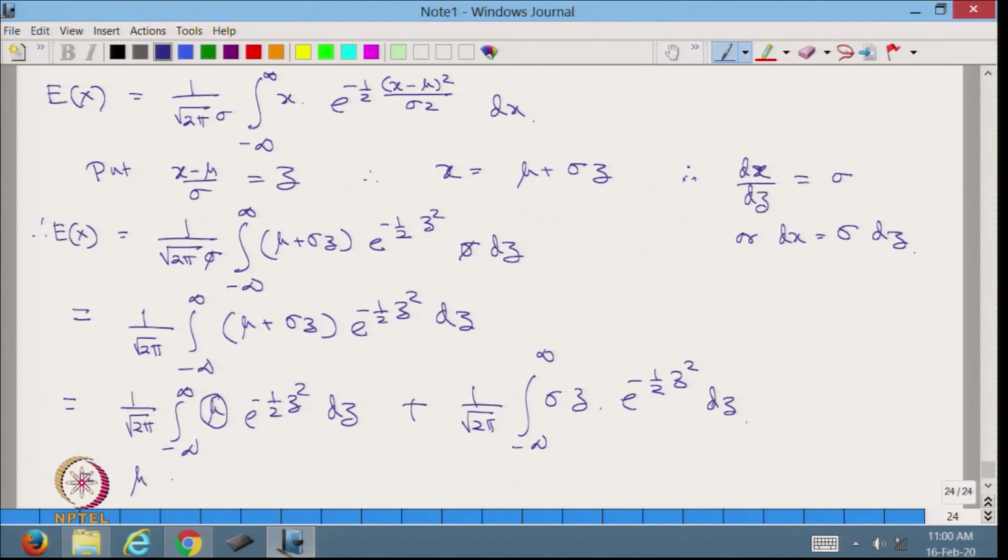Therefore, this gives us mu plus sigma times 1 over root over 2 pi integral from minus infinity to infinity of z into e to the power minus half z square dz, and this is the expectation of a normal 0 1 variable, therefore 0. Therefore, the end result is mu plus sigma dot 0, which is equal to mu. Thus, we get that the expected value of x is equal to mu.